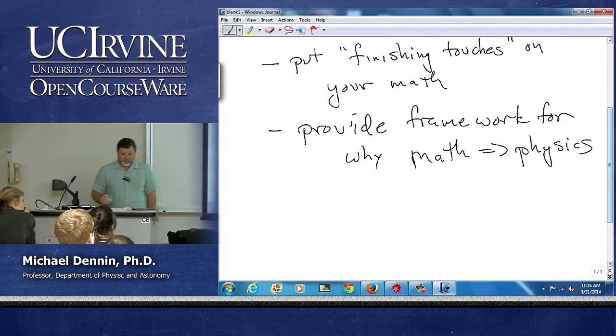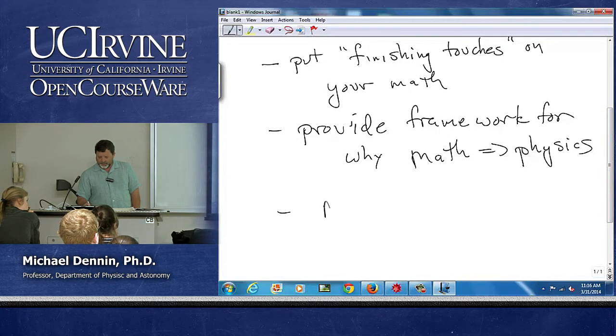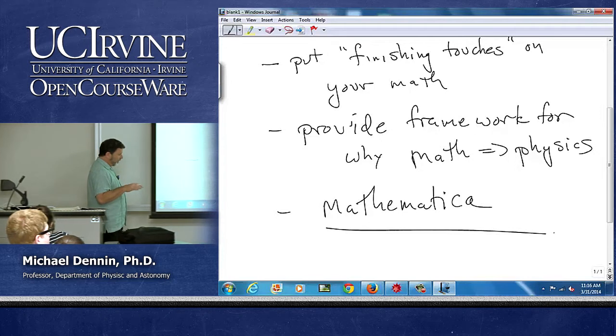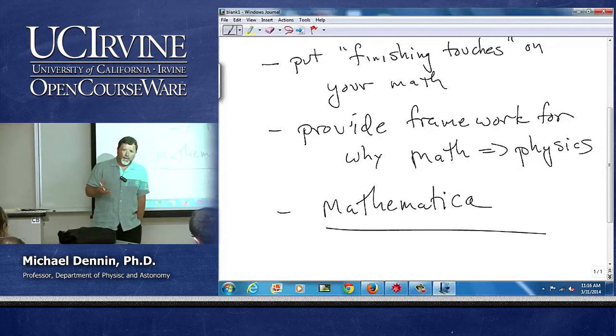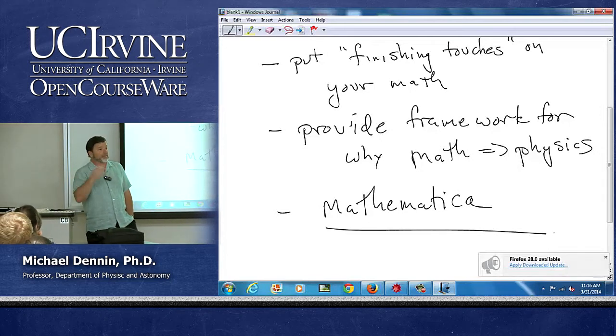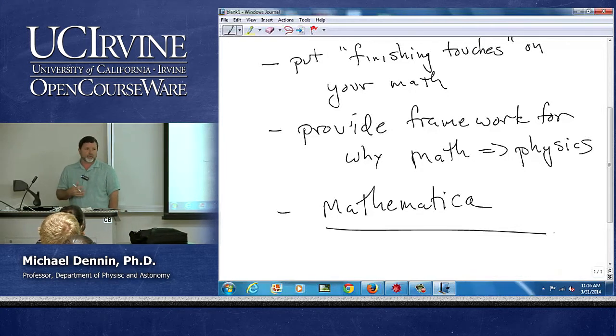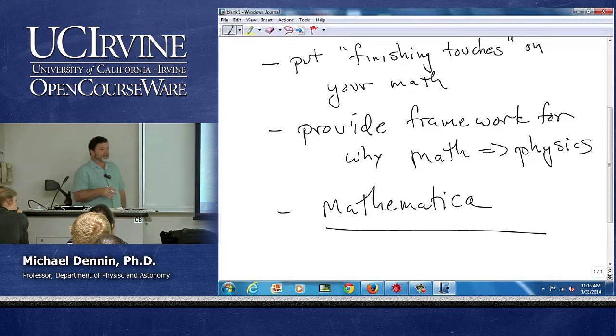And then the third one really is this Mathematica issue, to give you the basic skills in Mathematica. And it's very useful in a lot of our upper division courses. It depends who you have. You will use more or less Mathematica in your classical mechanics, E&M, quantum mechanics courses. Some use a lot, some use less.